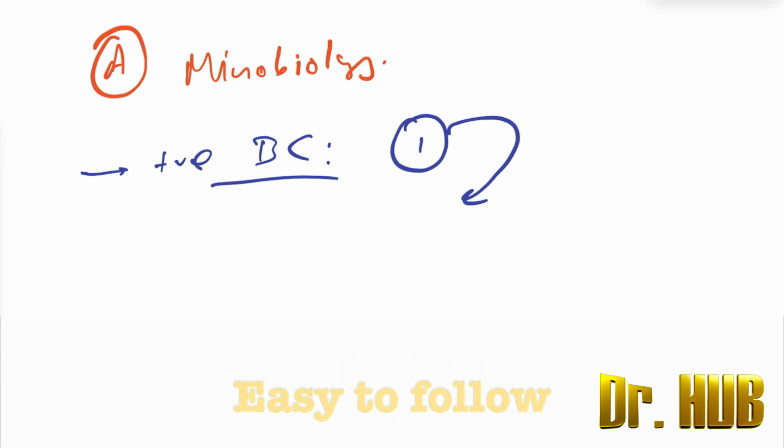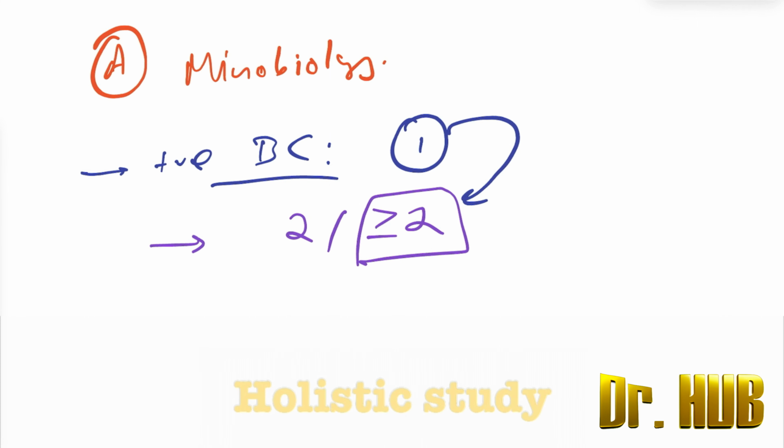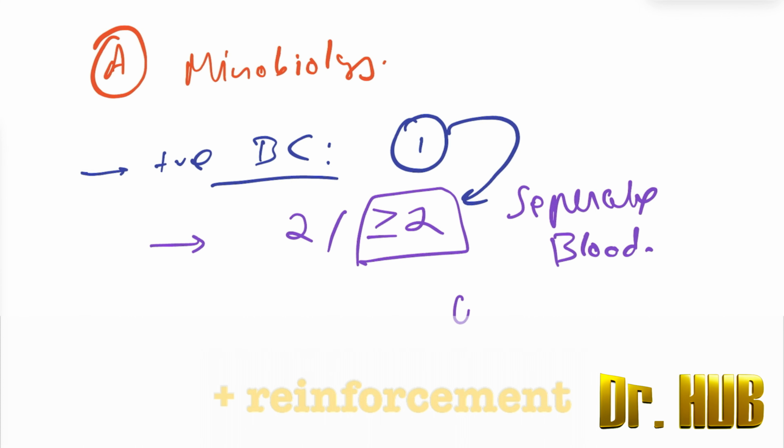You look for isolation of microorganisms commonly causing infective endocarditis from two or more, that is greater than or equal to two, separate blood culture sets.